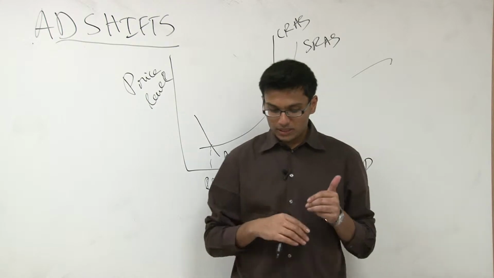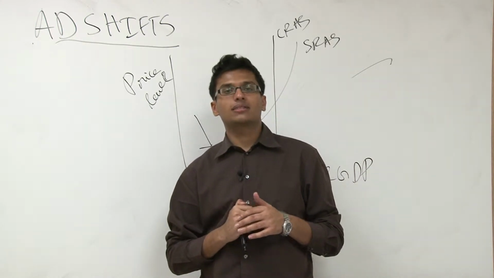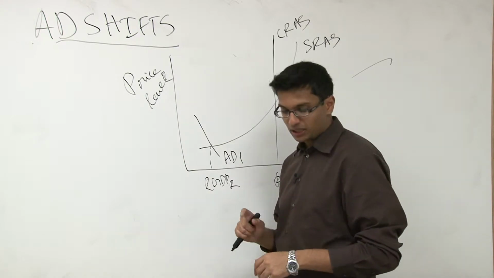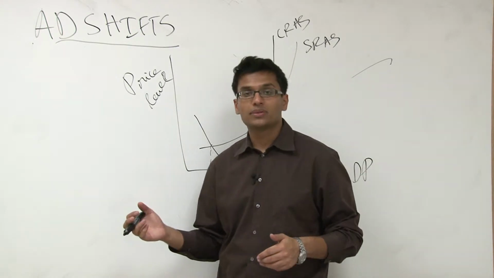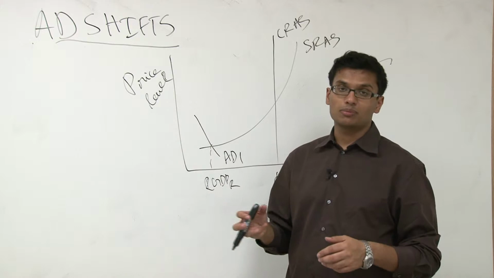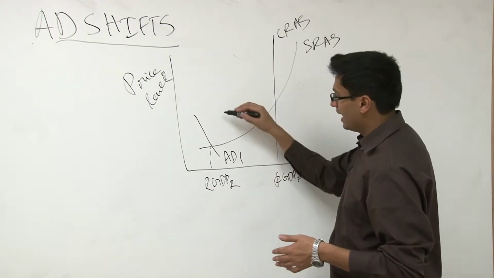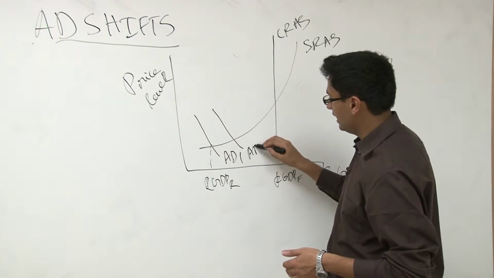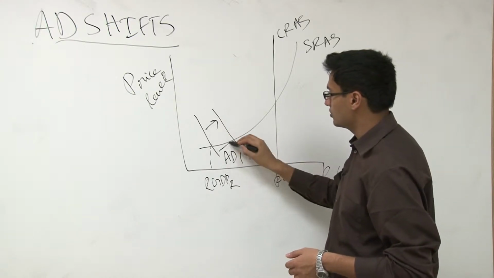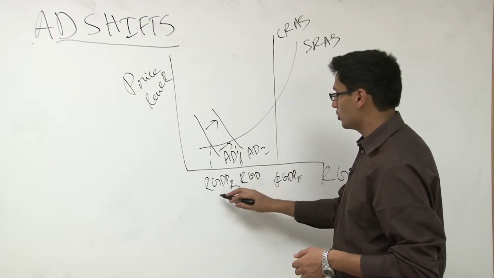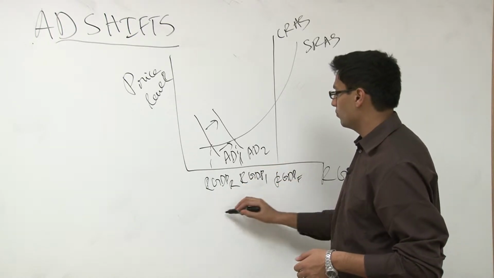When government spending goes up, the RGDP goes up, because AD shifts to the right. So when G goes up, AD shifts to the right to AD2, and RGDP goes from RGDP-R to RGDP-1.